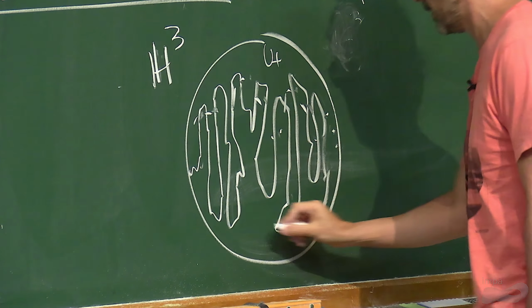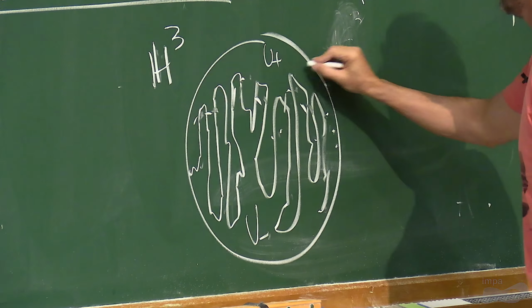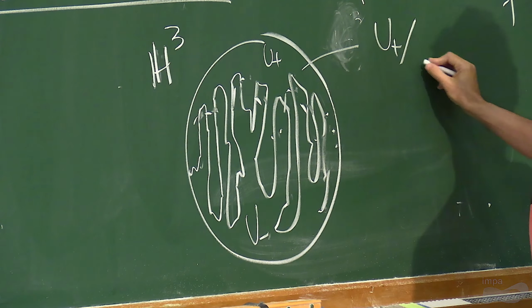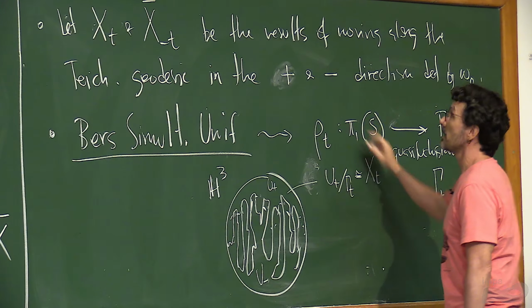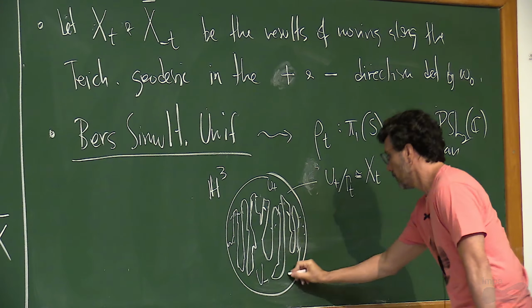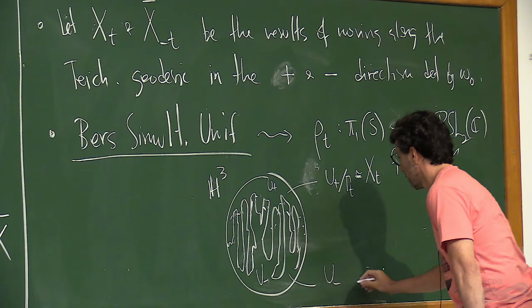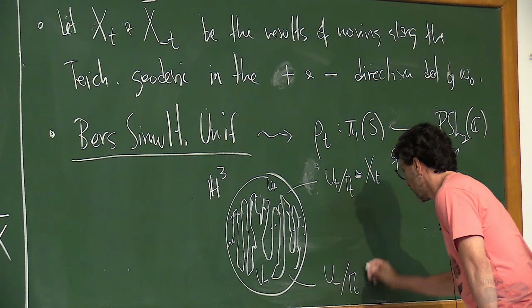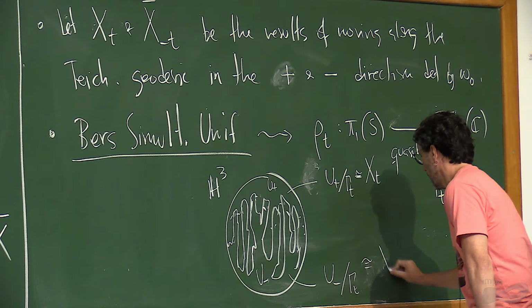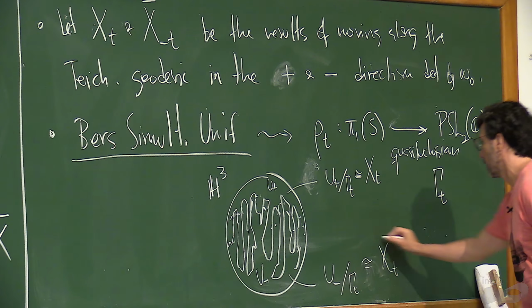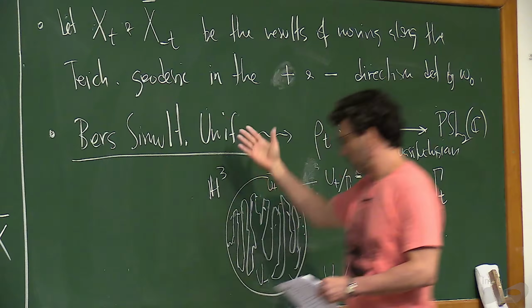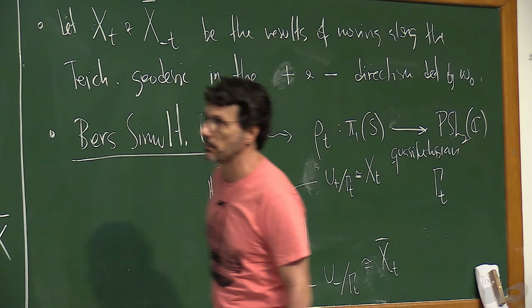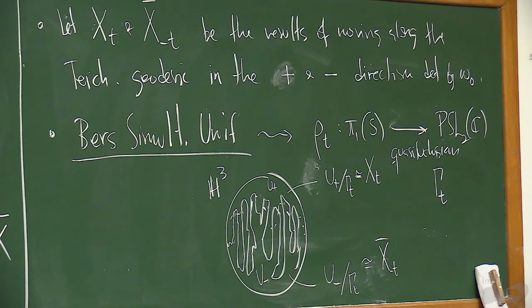So this is the limit set, the complement of the limit set, and U plus divided by this group is this x_t here, and U minus divided by the group is x bar_{-t}. So I've used one strong theorem, and then I have to use another famous theorem.